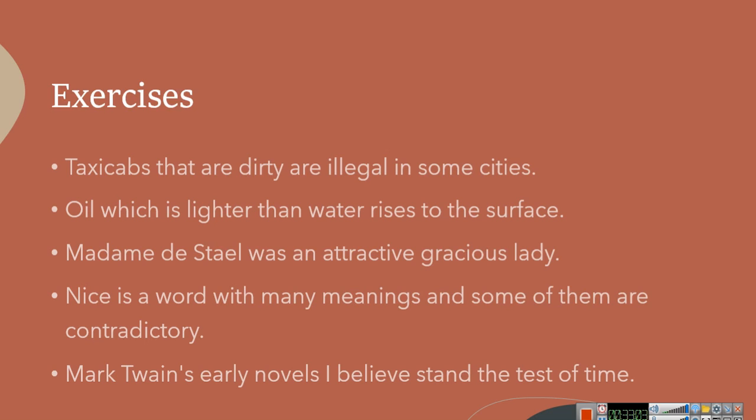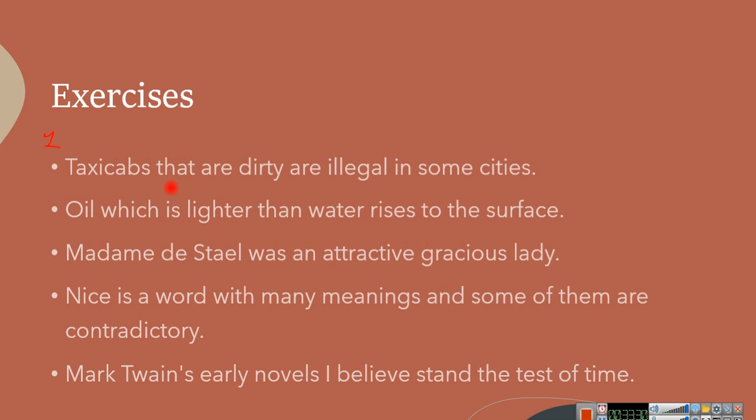Now exercises. Let me do the first two. The way I want to carry out these exercises is by signaling where I have to use the comma. So let's look at this one. Number 1. Taxi cabs that are dirty are illegal in some cities.